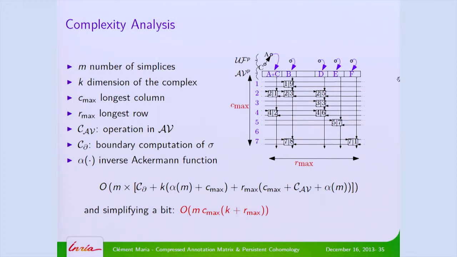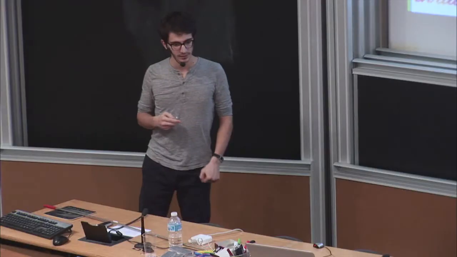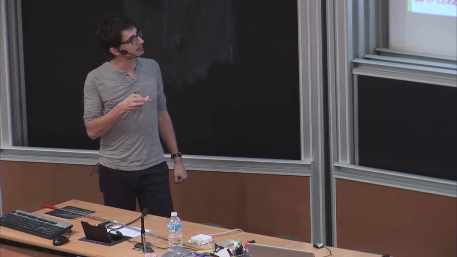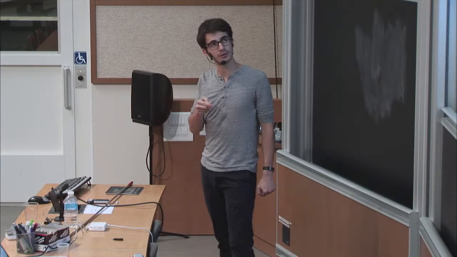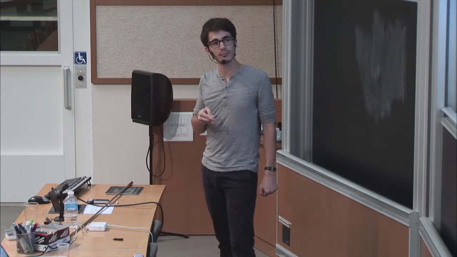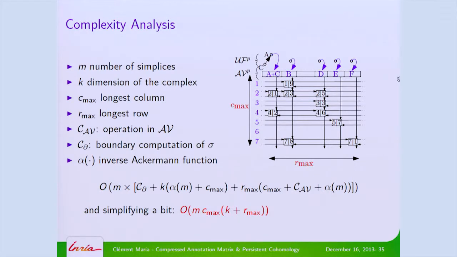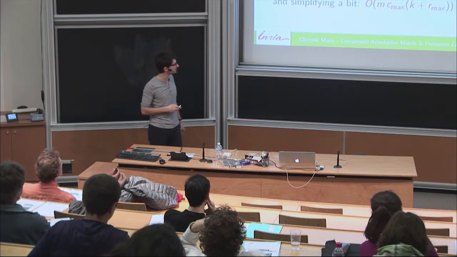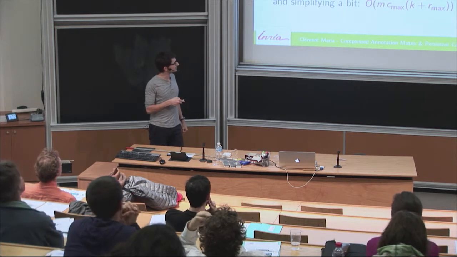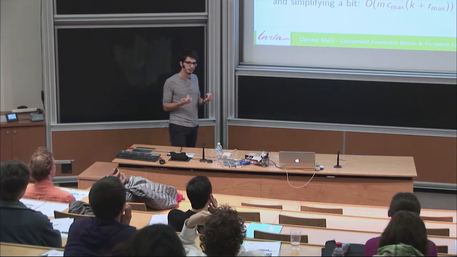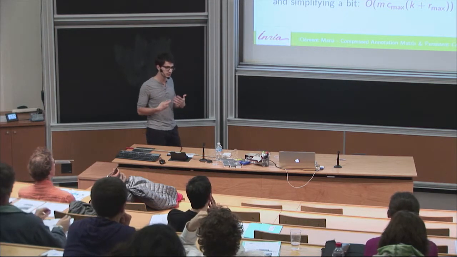And this time is the time for one insertion. And Cmax is the maximal number of non-zero values of a column. And Rmax is the maximal number of non-zero values in a row. So it's a sparse data structure, and you get a sparse complexity analysis. And K is the dimension of your simplicial complex, and it comes from the fact that you're summing up annotation vectors corresponding to a boundary.